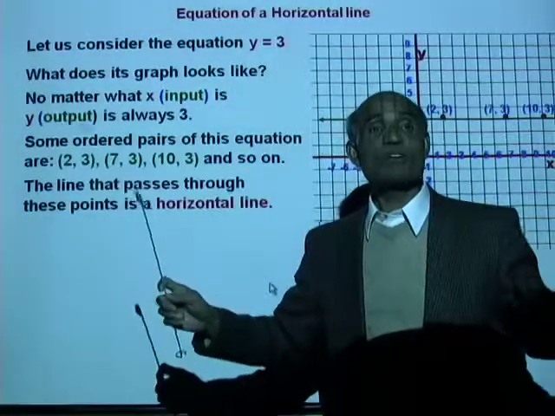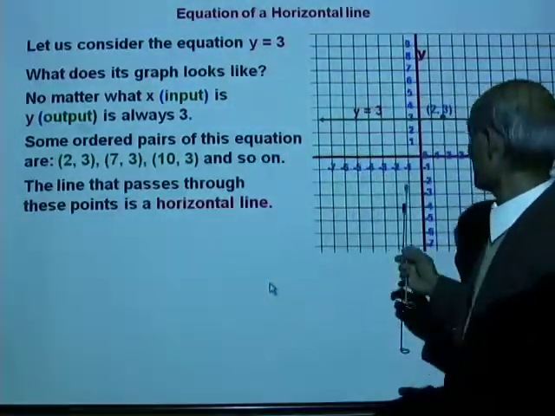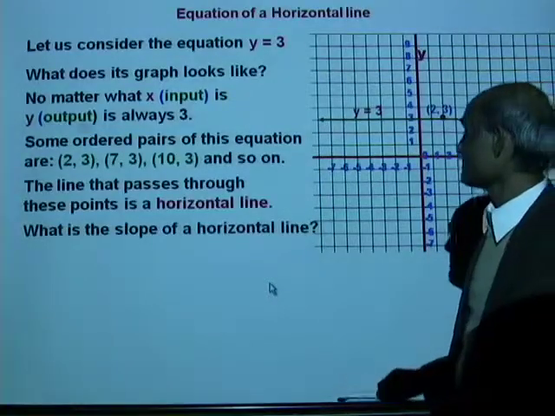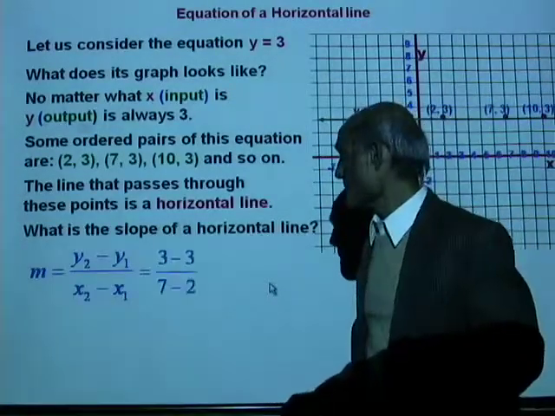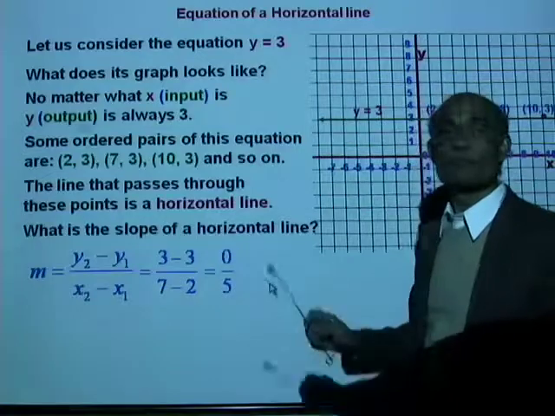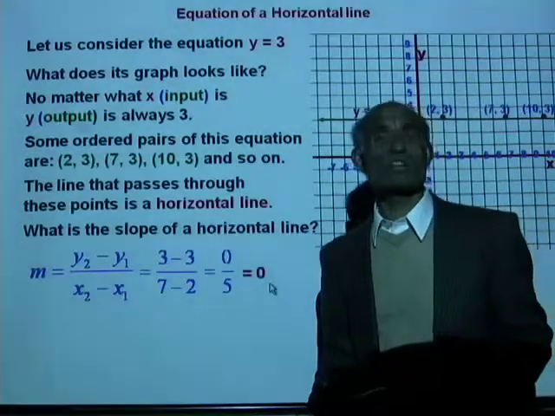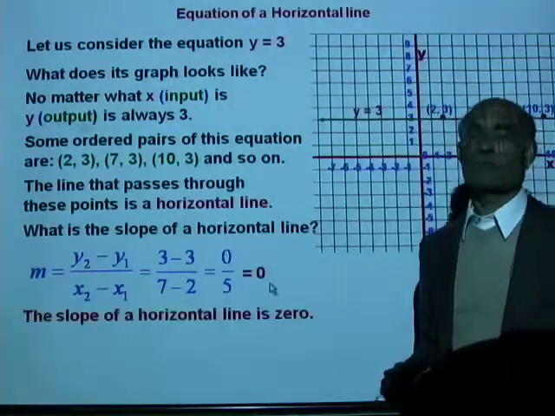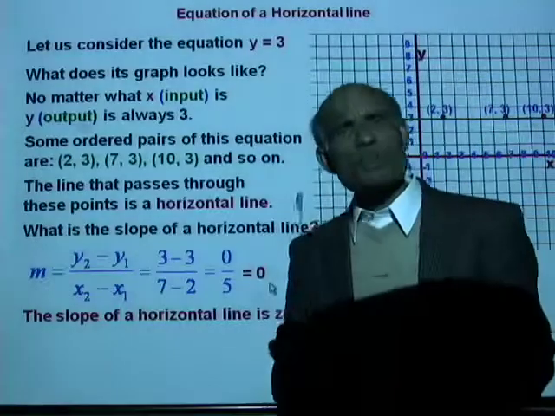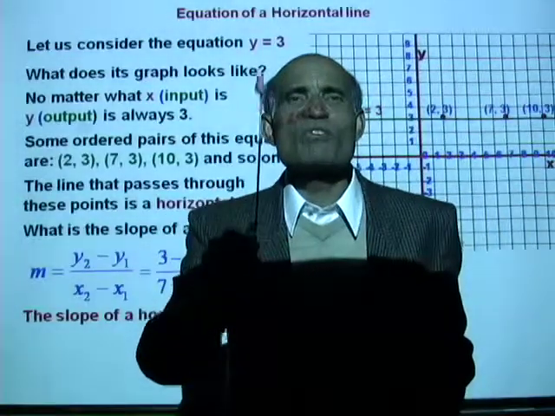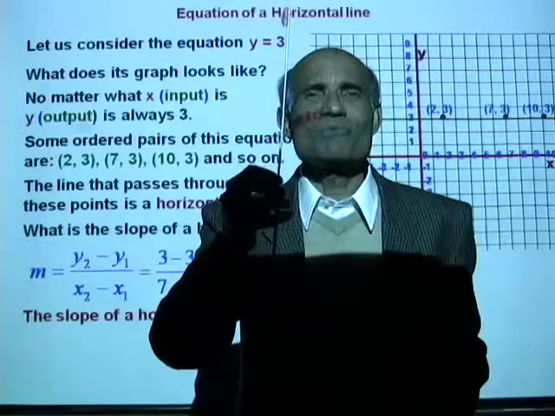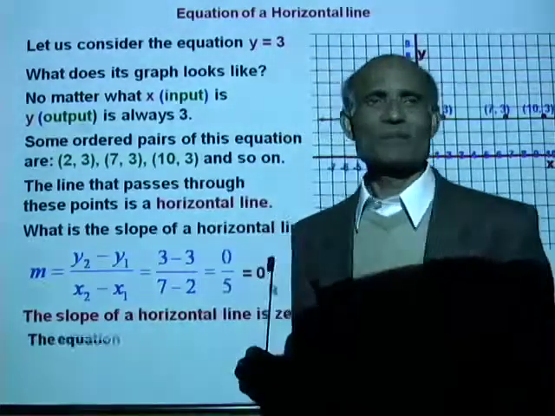That means the slope of a horizontal line is 0. That's right. There you go. The slope of a horizontal line is always 0. How about a vertical line? What is the slope of a vertical line? I'm going to leave it for you to think about it.